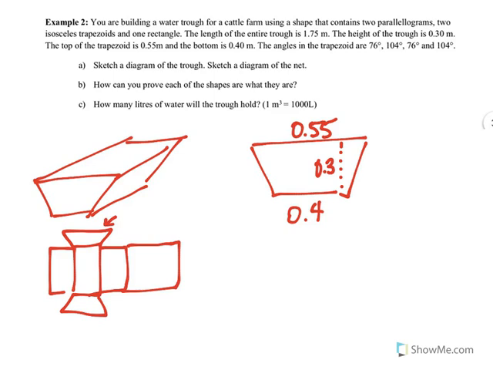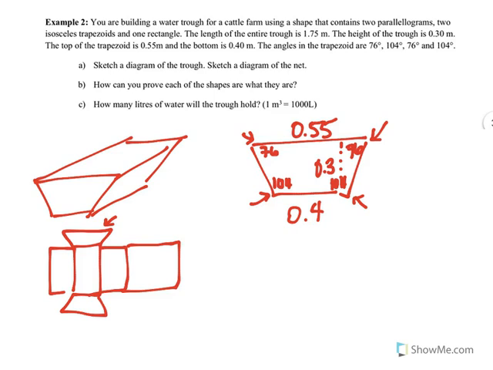We also know that the angles are 76, 104, 76, and 104. So these ones would have to be 76 because these are obtuse angles. And these would be 104, and this would be 76. So I can tell this is a trapezoid, and especially an isosceles trapezoid, because I have 2 equal angles and 2 equal angles right here. So that makes it a trapezoid.